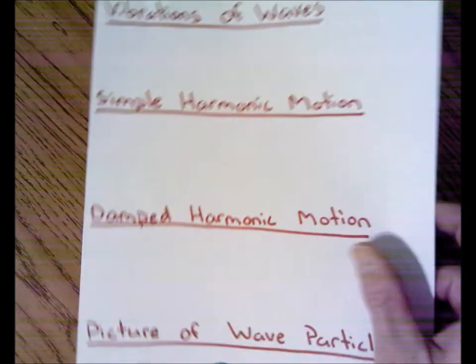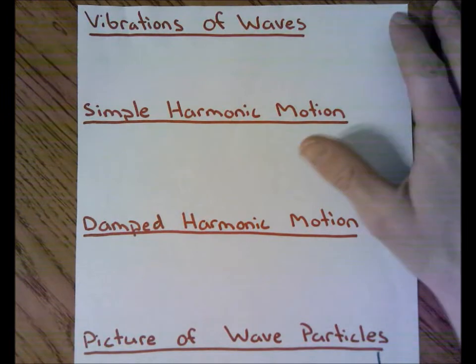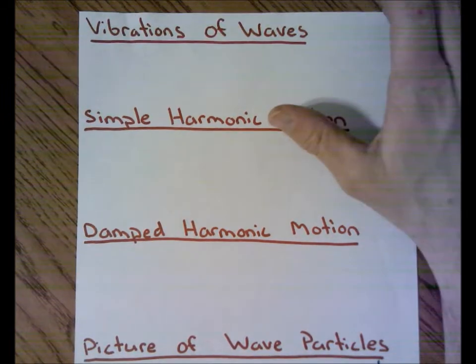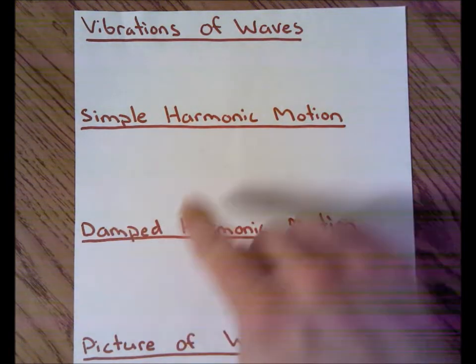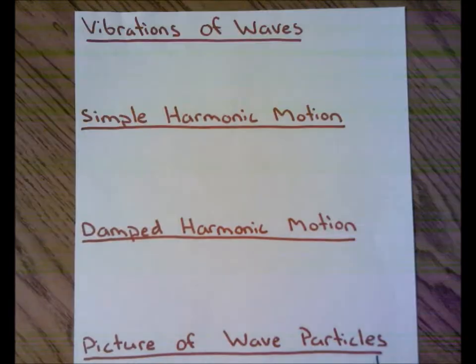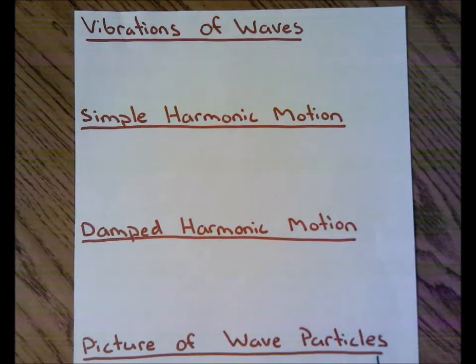I mentioned on the other page that they are going to move through those vibrations. And if you can kind of imagine that up and down motion that occurs as the wave goes through some medium or the electromagnetic radiation as it oscillates between those electric and magnetic fields. Either way, it is producing a wave which has those vibrations.